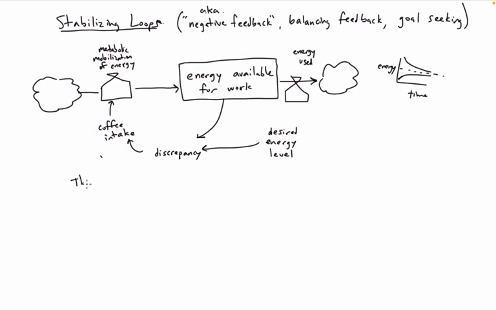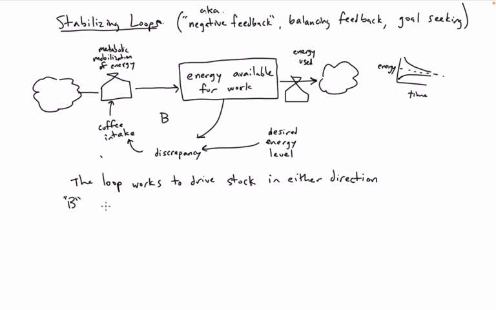So the stabilizing loop works to drive the stock, in this case the energy available for work, in either direction. And we're going to put a B in here to indicate this is a balancing loop.